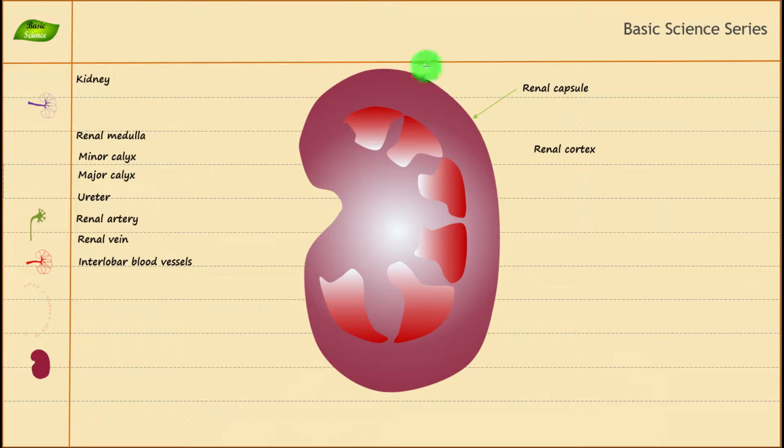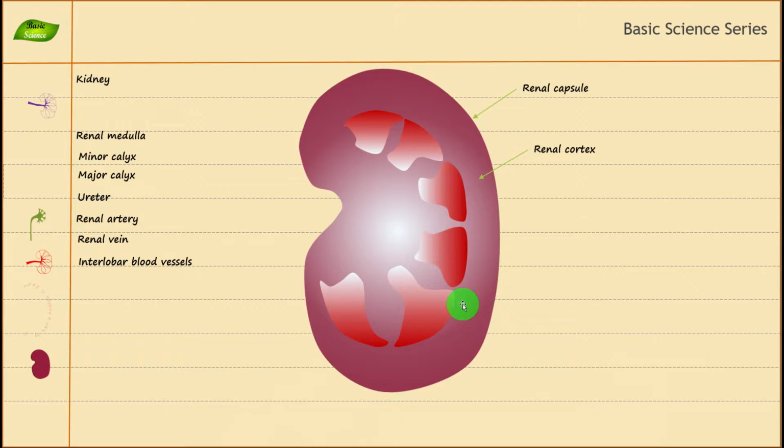So let's label this as well. So this region will be the renal cortex region, okay? All right. And what is basically the role of the renal cortex? We will know in detail in our new videos when we discuss the cellular structure.